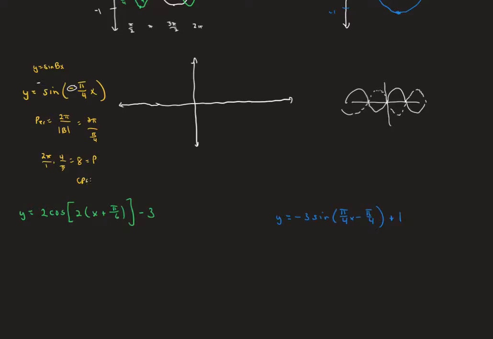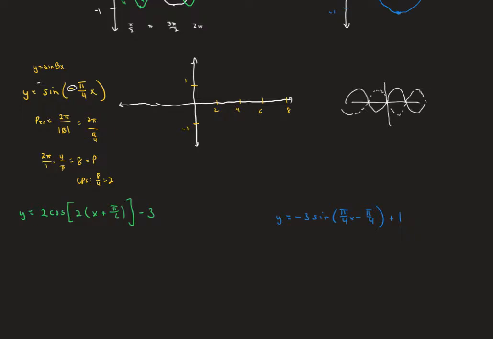Our critical points are going to be every fourth of a period. So I'm going to put tick marks every 2. So I'm going to go 2, 4, 6, 8. And our amplitude remains 1. So we're going to have a high value of 1 and a low value of -1.